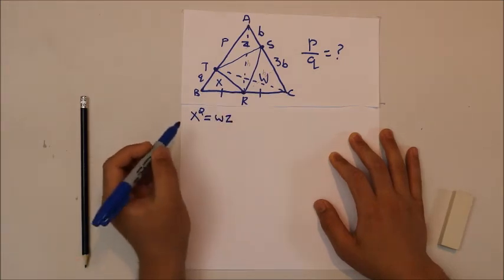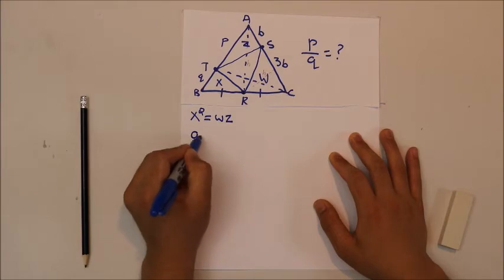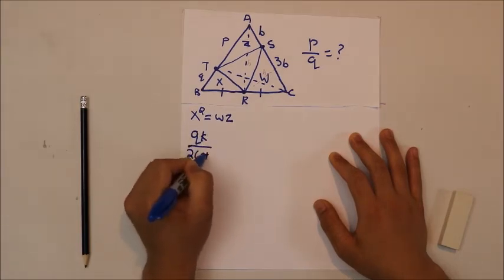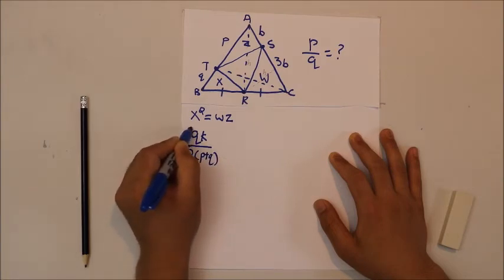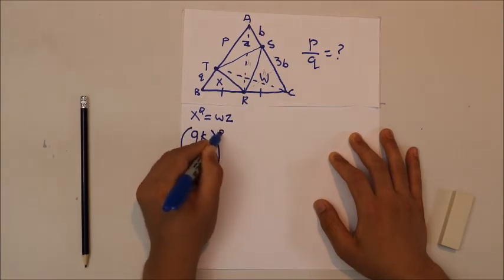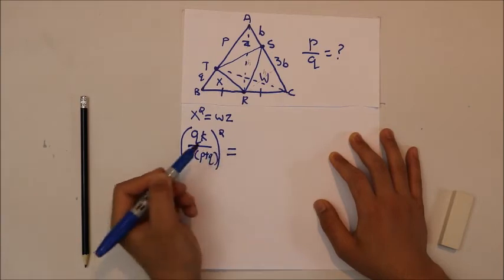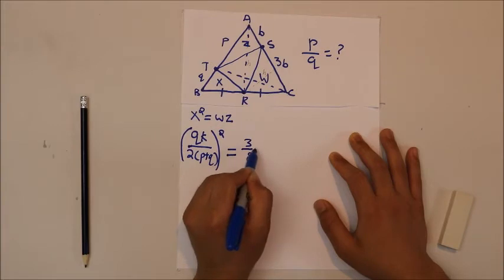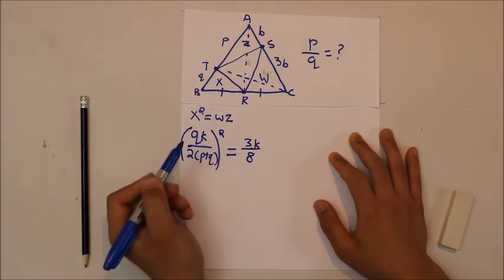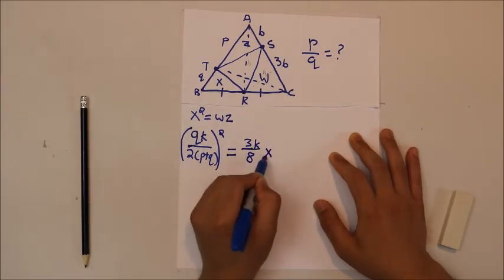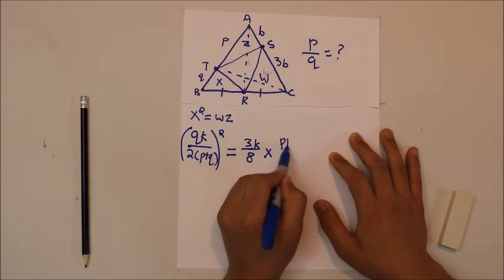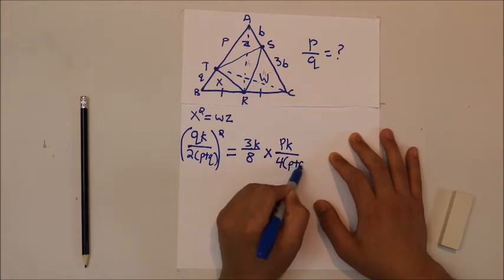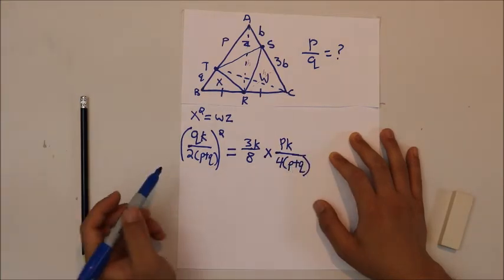So plugging in the information for X, we have QK divided by 2P plus Q, and the whole thing is squared, is equal to W, which is 3 over 8 K, or we can just write 3K over 8, times Z, which is PK divided by 4P plus Q. Now we can just simplify.